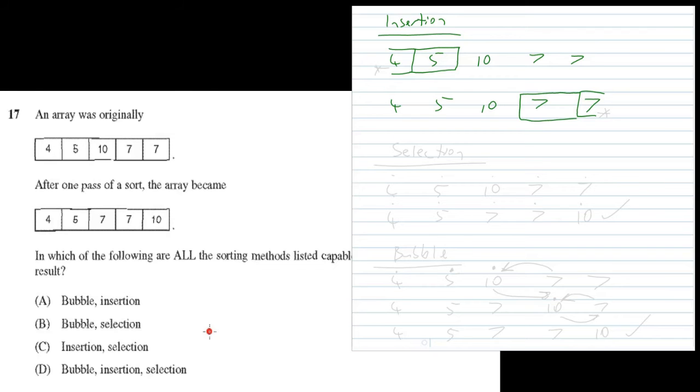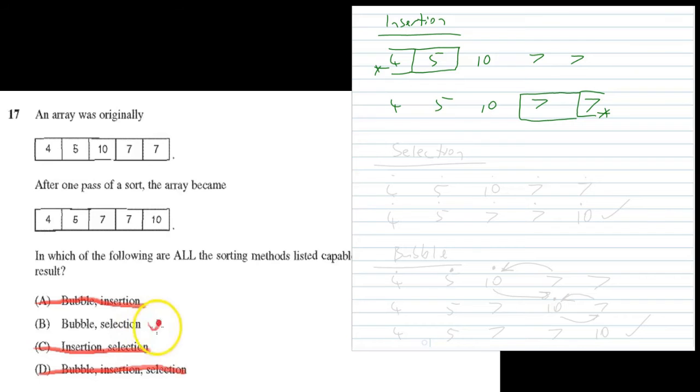So either way, whether we start from the front or from the back, after one pass of the insertion sort, we're not going to have 4, 5, 7, 7, 10. So we can eliminate all the options that have insertion sort. Now that's just lucky in this case, that we're left with the correct answer of B. But let's have a look at the other options anyway.